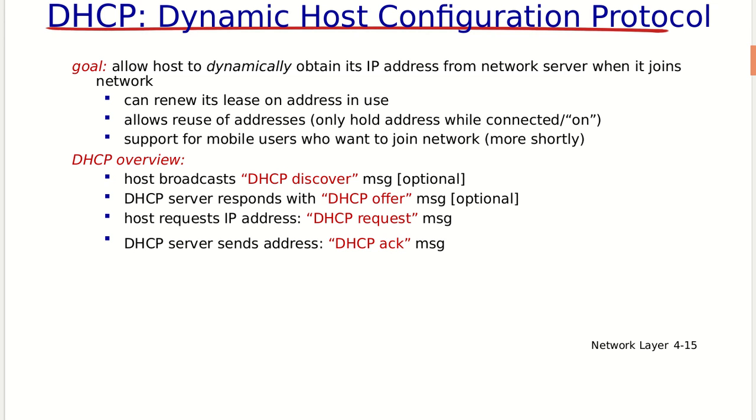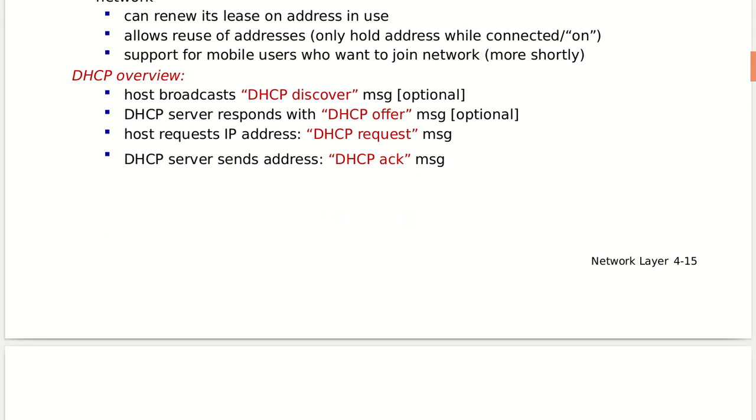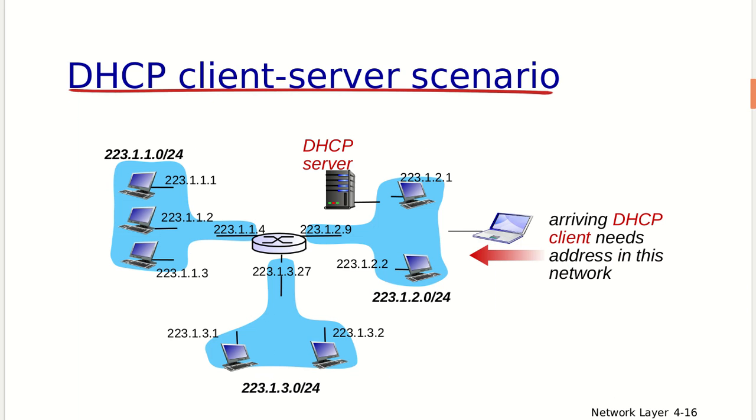That the host is going to broadcast or ask who is the DHCP server, and this DHCP server is going to reply to this new incoming laptop, say I am the DHCP server. Okay. Then the laptop is going to ask for an IP address for its interface which is connecting to this particular network, and the DHCP server is going to furnish it with an IP address which can be something like 223.1.2.3, okay, or something similar.